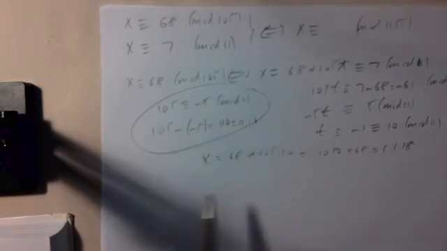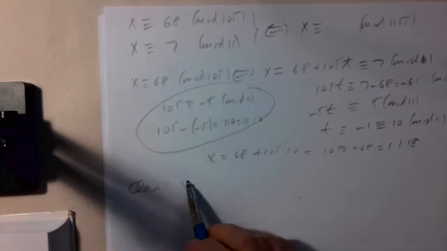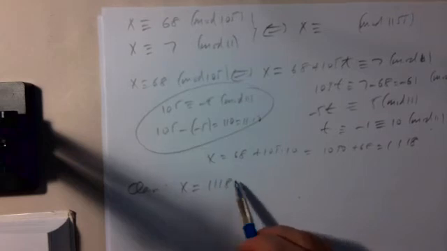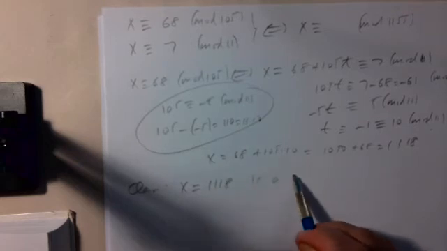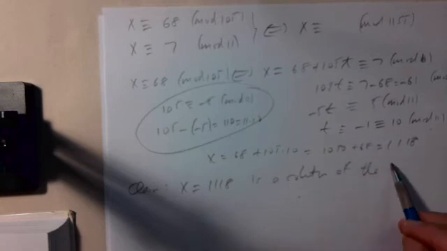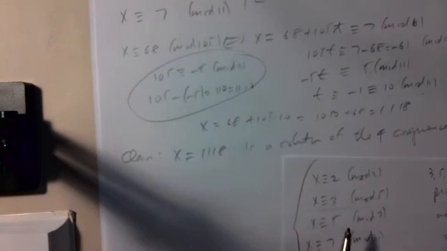So I claim that x equals 1118 is a solution of the four congruences. These were the four congruences.